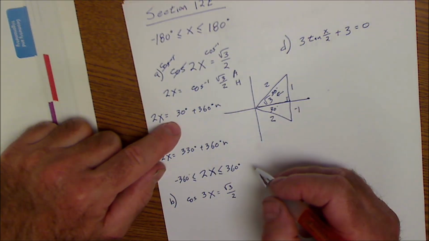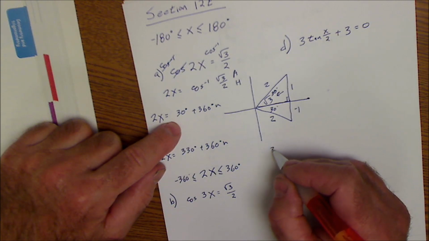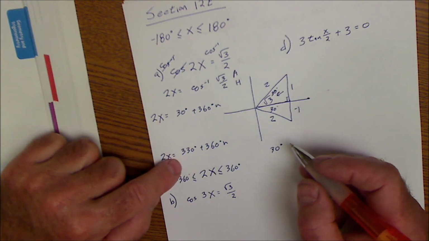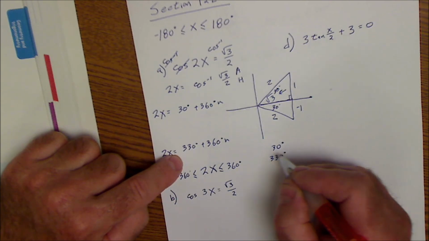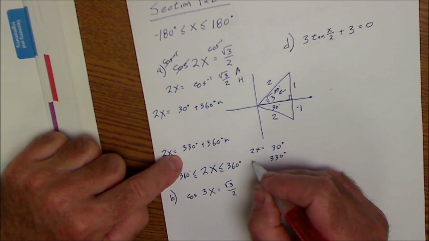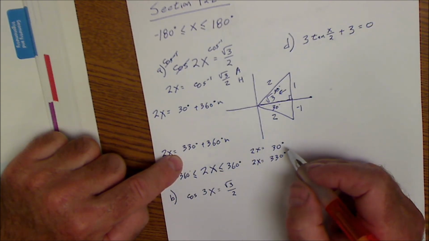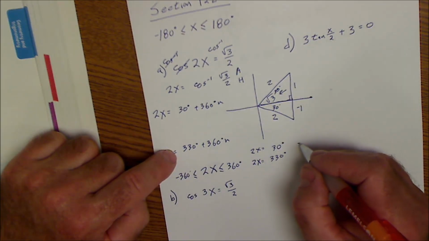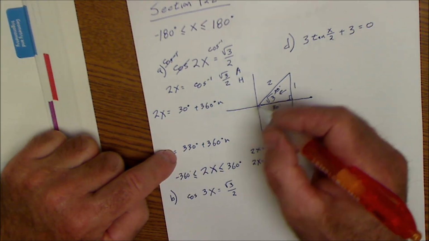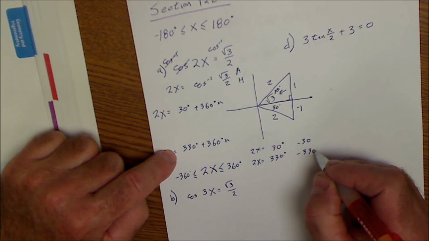So 2x could equal 30 degrees, 2x could equal 330 degrees, 2x could also equal negative 30 degrees or negative 330 degrees.